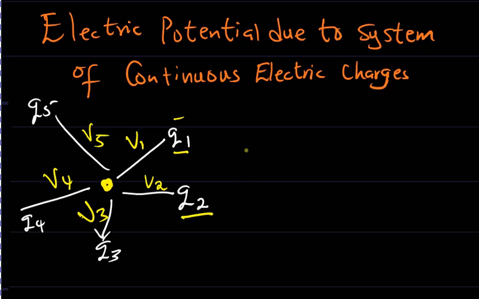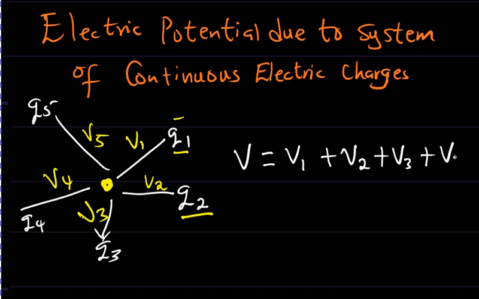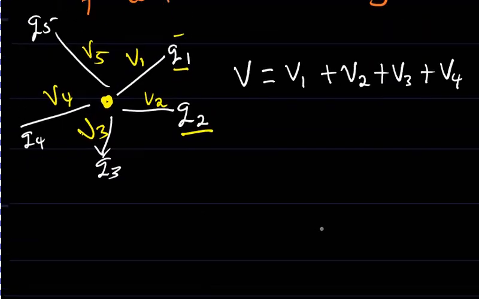The total electric potential at this point is the algebraic sum of V1, V2, V3, V4, and so on to any number. Please take note of that.